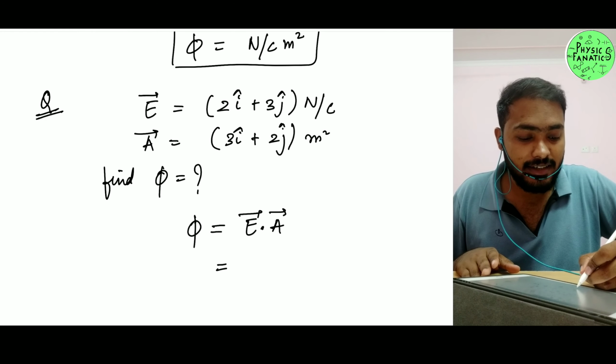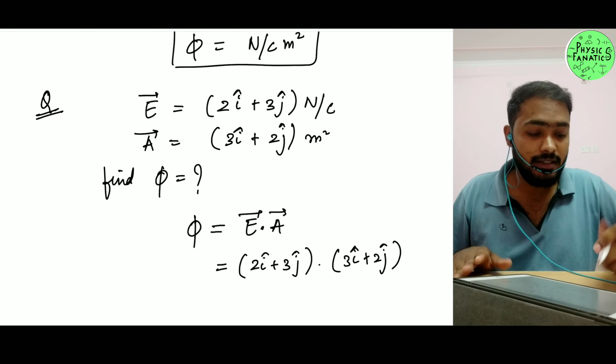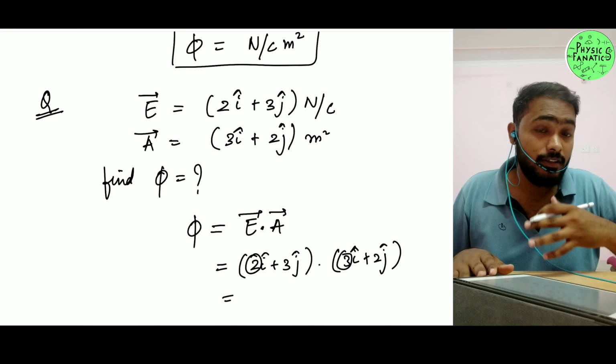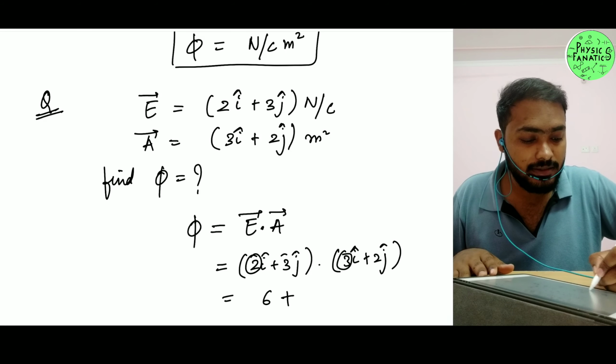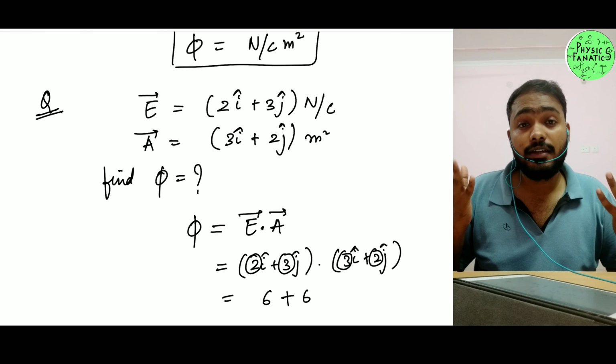So I can write (2 i cap plus 3 j cap) dot (3 i cap plus 2 j cap). Simple. 2 times 3, with i dot i equal to 1, gives 6, plus 3 times 2, with j dot j equal to 1, gives 6.